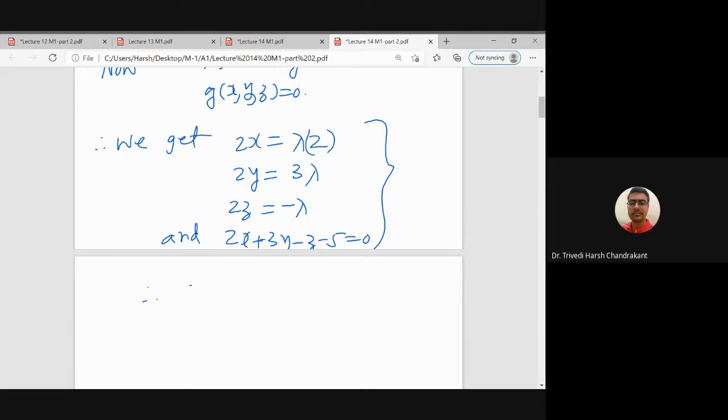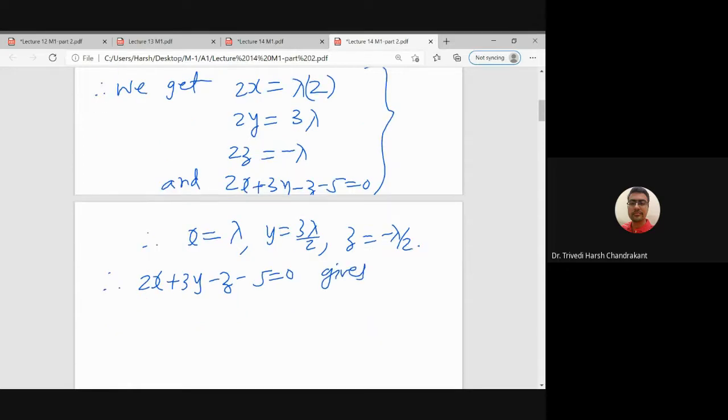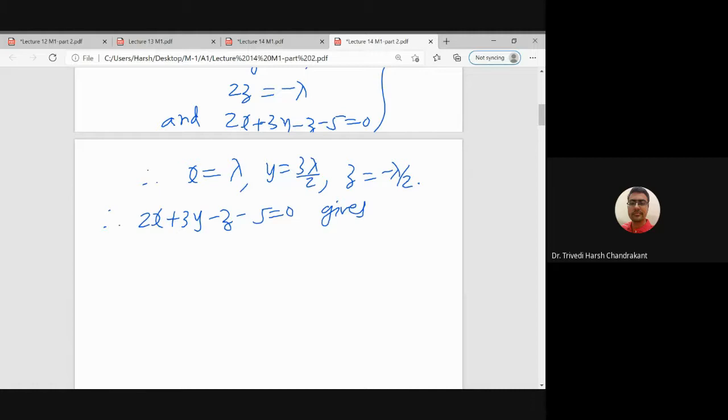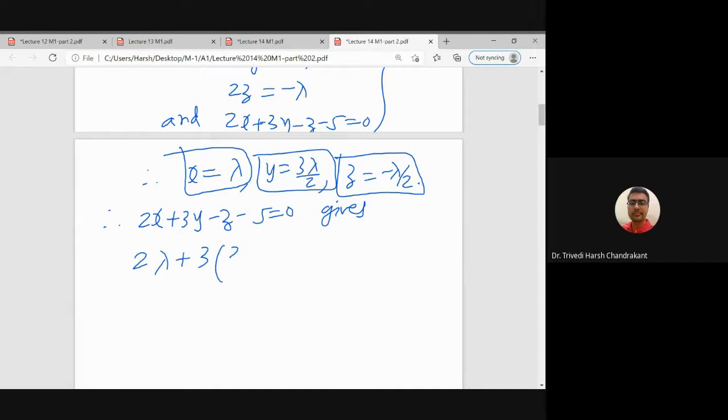So what we get is x is equals to lambda, y is equals to 3 lambda by 2, z equals to minus lambda by 2 from the first equation. So therefore 2x plus 3y minus z minus 5 is equals to 0 gives, just substituting these three values in this equation, 2 lambda plus 3 times 3 lambda by 2 minus minus lambda by 2 is equals to 5.